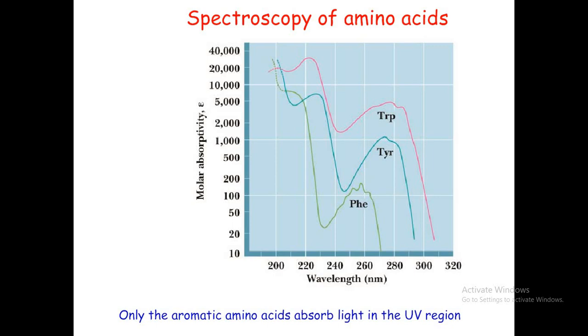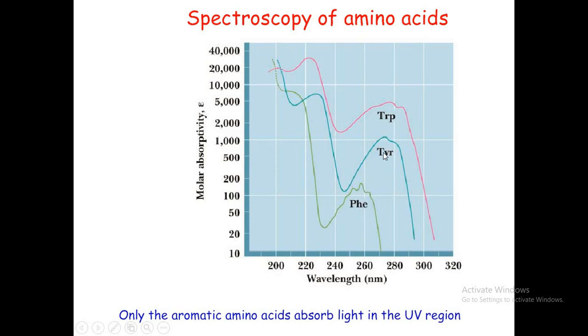First of all, we should be clear about which amino acids absorb ultraviolet light. These are the three aromatic amino acids. Here we can see the wavelength and the molar absorption, meaning the magnitude of absorption of UV light. Here we see three amino acids, tryptophan, tyrosine and phenylalanine.